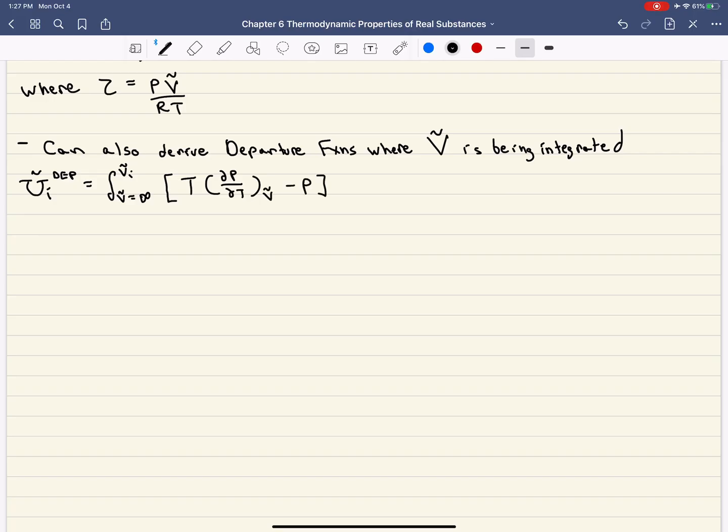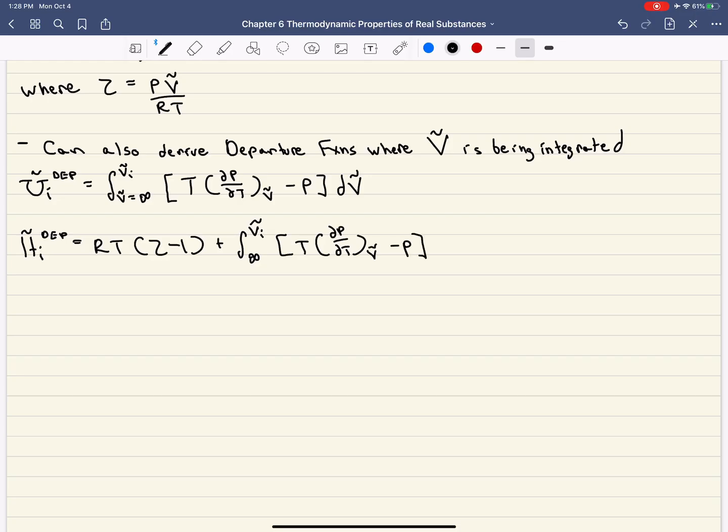In any case, this is the form of the internal energy departure function. This is the form of the enthalpy departure function in terms of volume. And then here is the entropy in terms of volume.